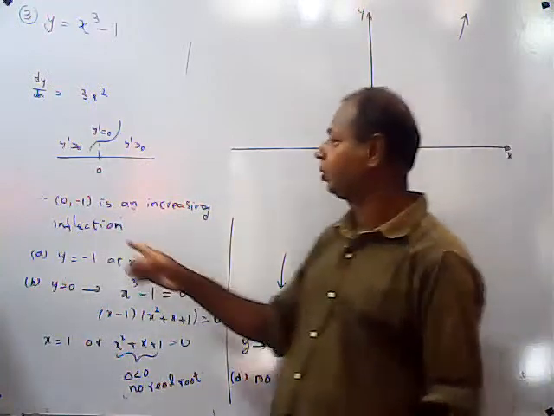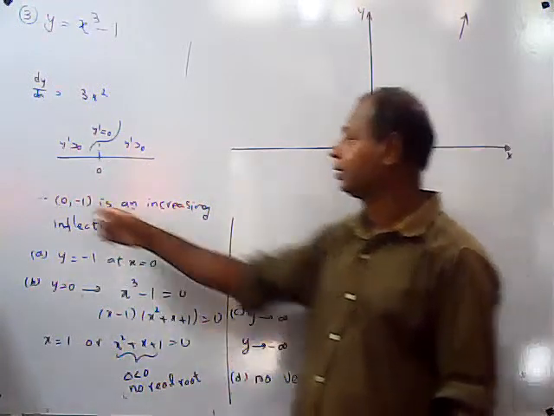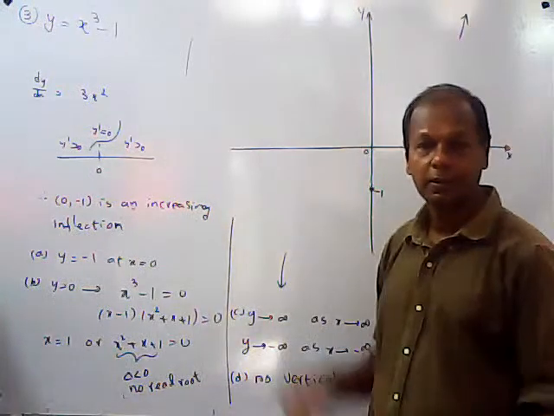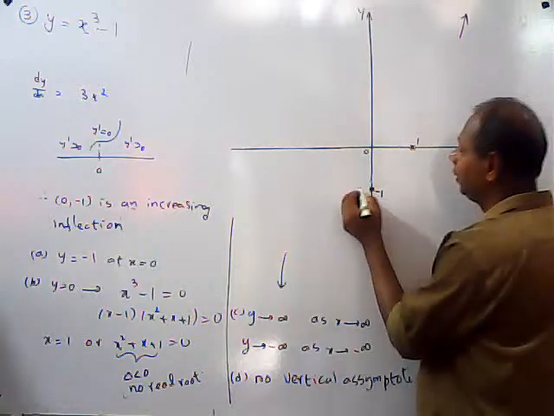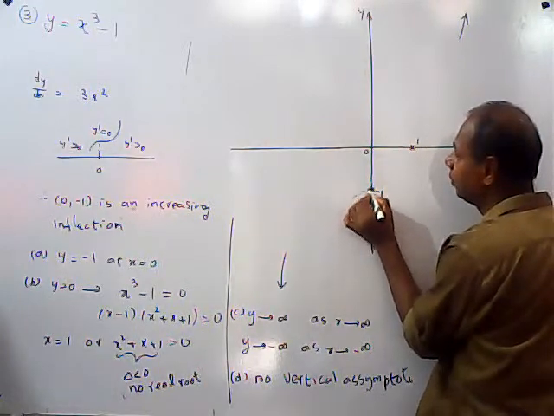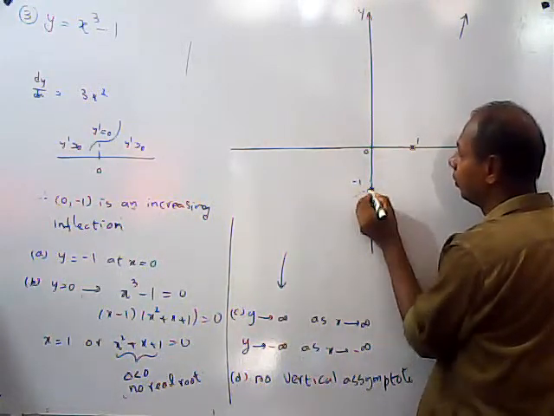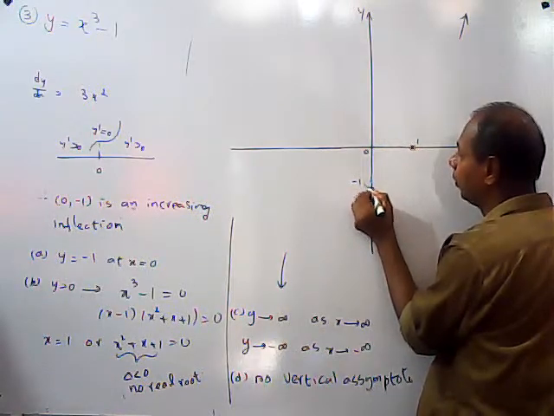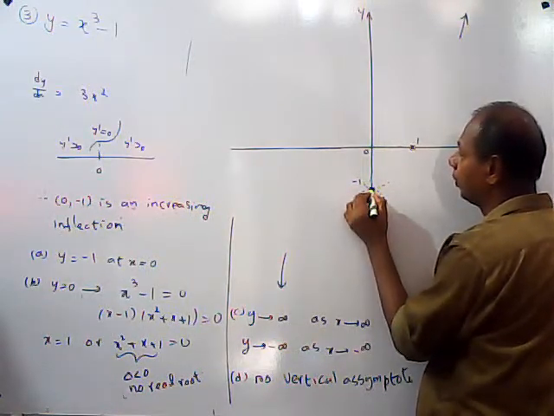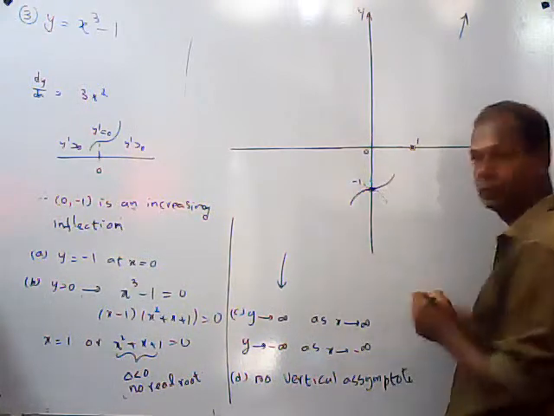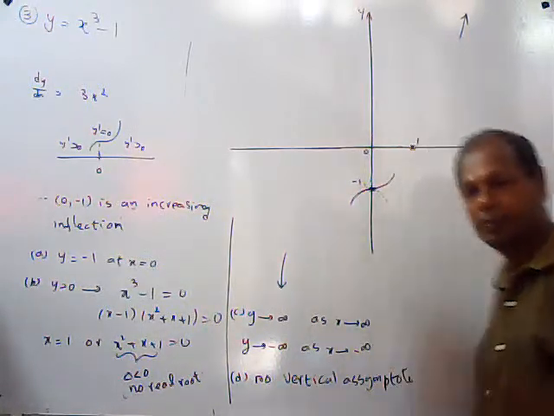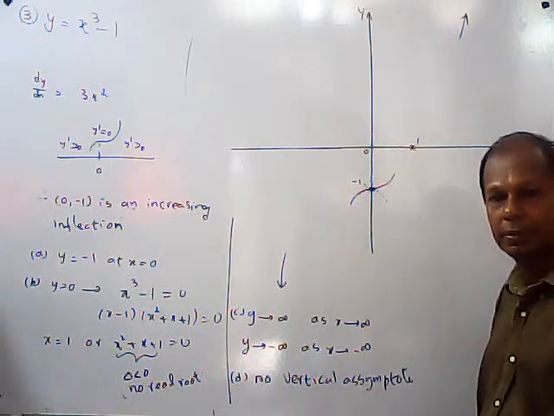Then stationary points, you come to stationary points next. 0, minus 1 is an increasing inflection. Increasing inflection, you show it like this. So these are the details required.